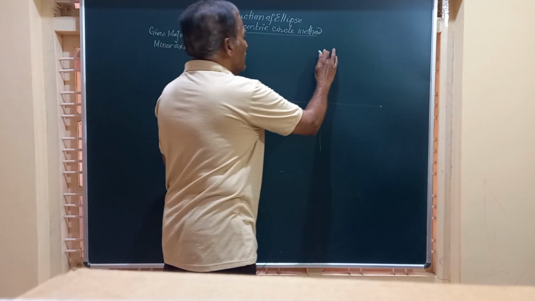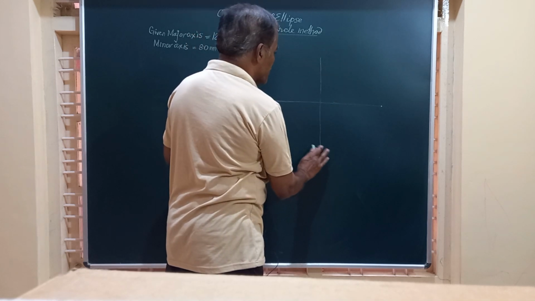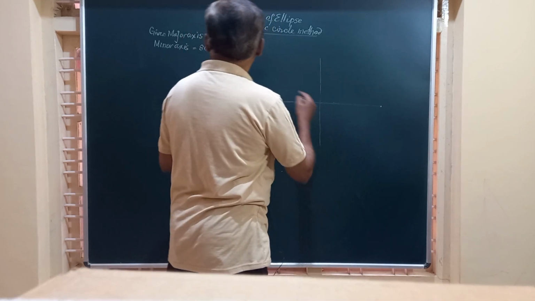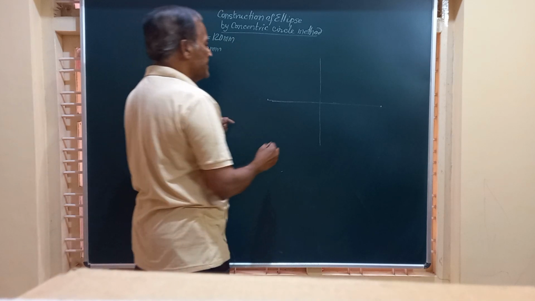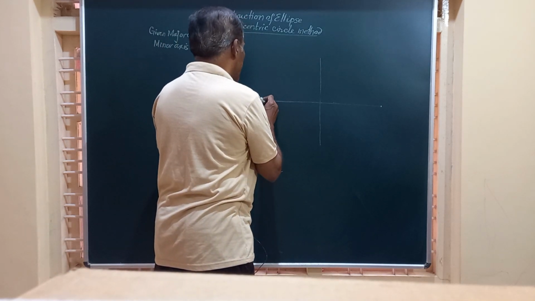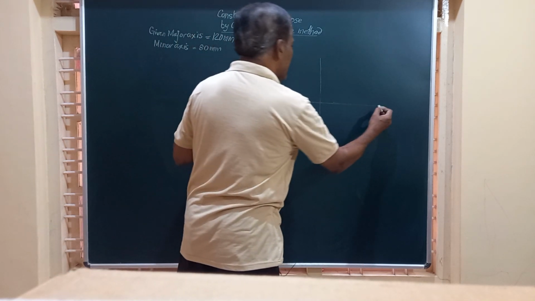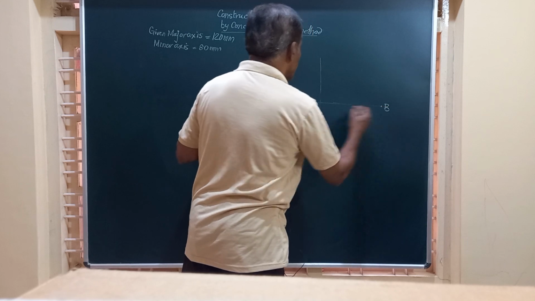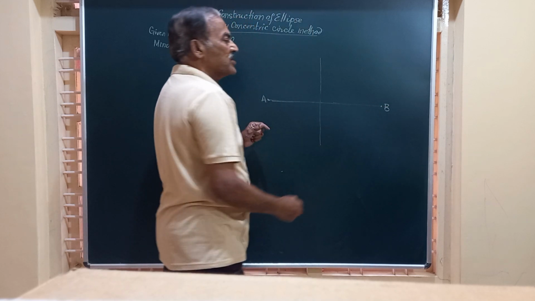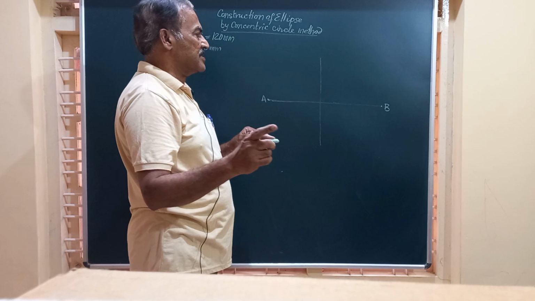Friends, here let us start the question by marking the major axis 120. So I will take these end points as A and B, and these have a length of 120 millimeter.